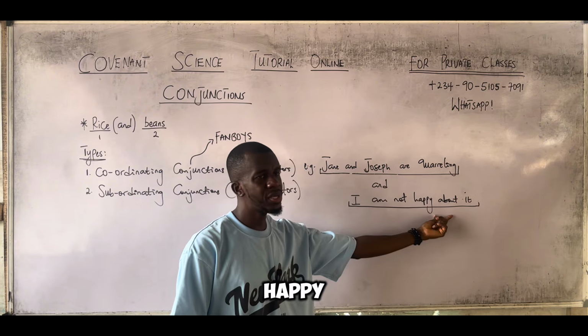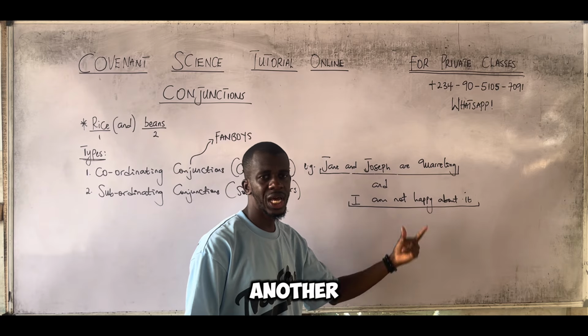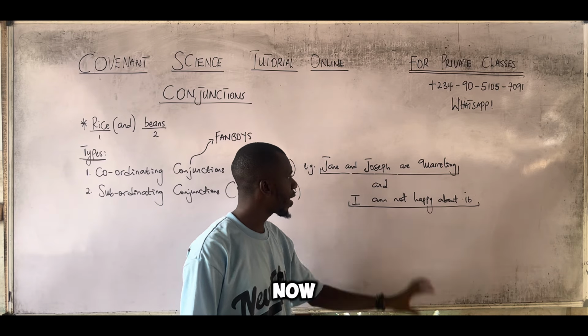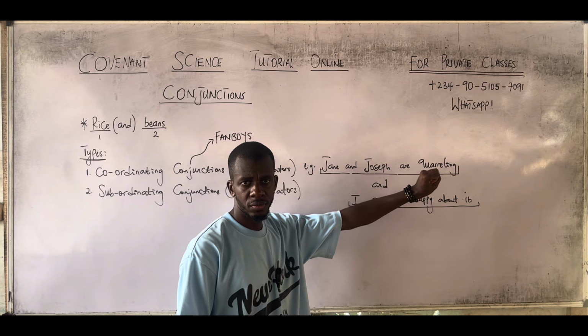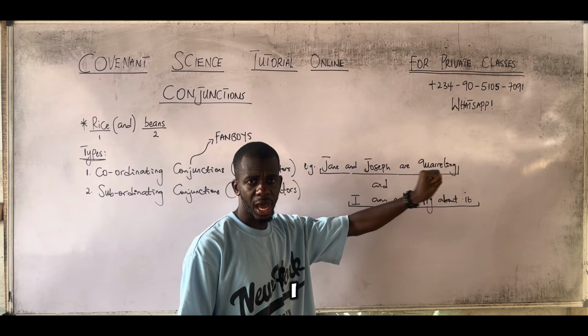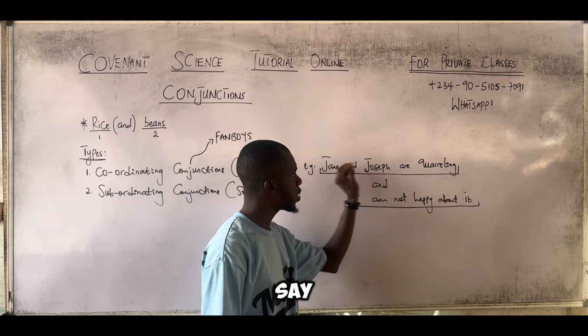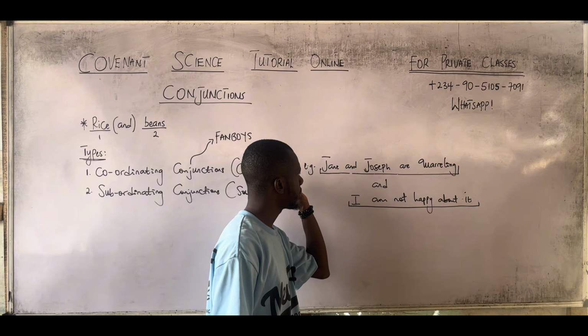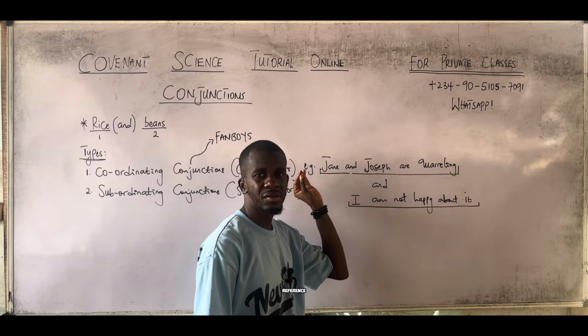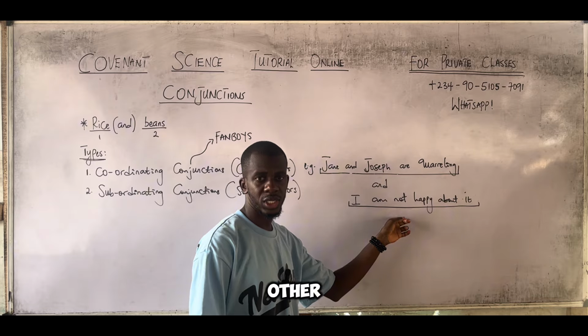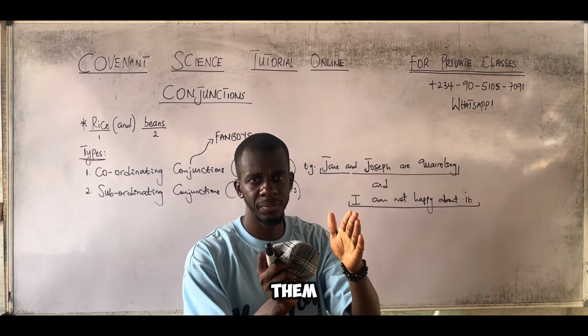I am not happy about it. This is another independent clause. Now, I want to join both. I don't want to make reference to one without the other. So I want to join them.